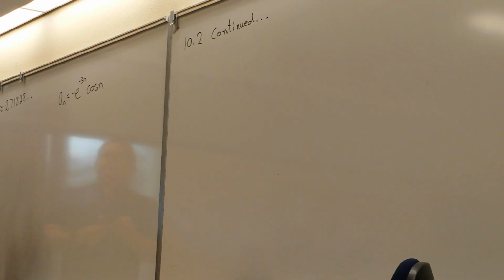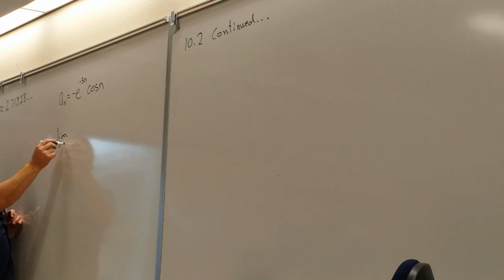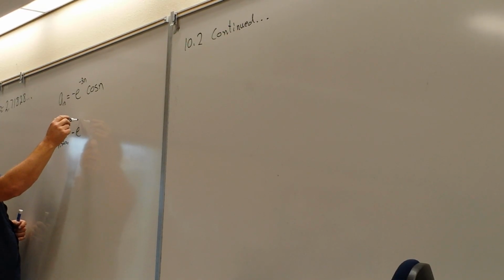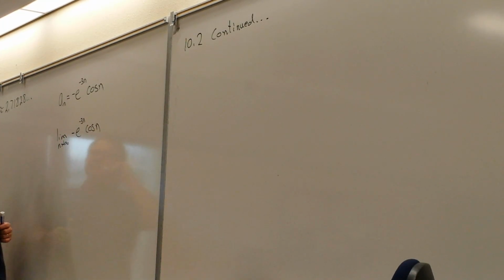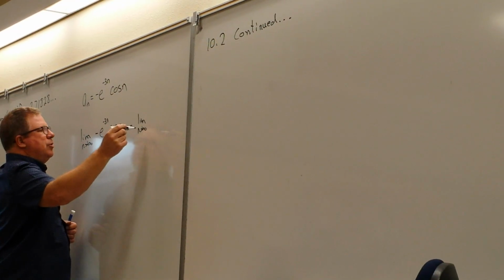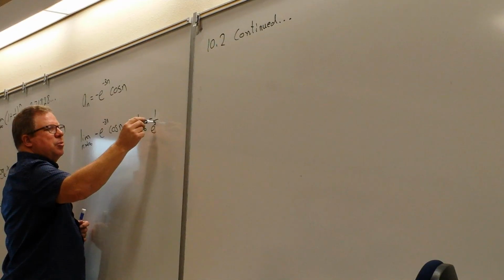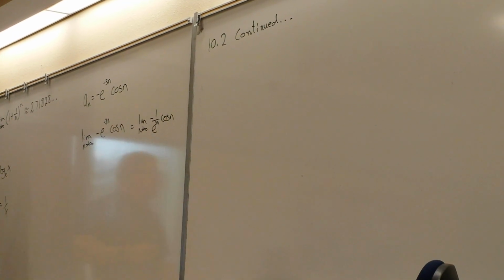All right, so if we want to find the limit as n goes to infinity of negative e to the negative 3n cosine n, well, that could be written as negative 1 over e to the 3n times cosine n, correct?